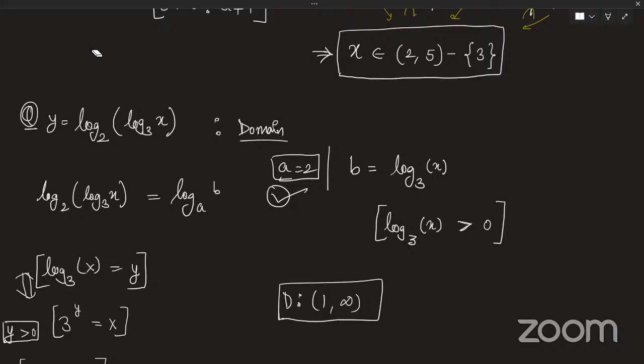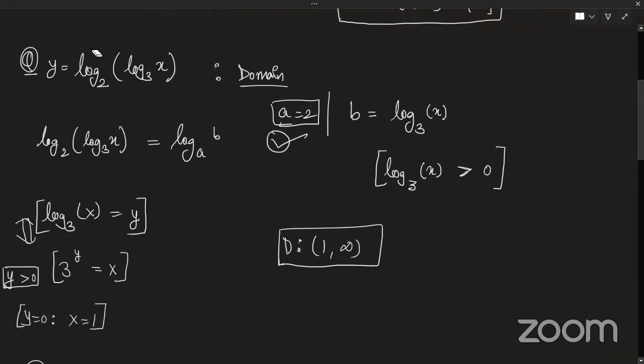So I move on and check b now. B is the input that I give to the logarithm. So my b is equal to log base 3x, right? My b has to be greater than 0. So in order for my b to be greater than 0, log base 3x has to be greater than 0.